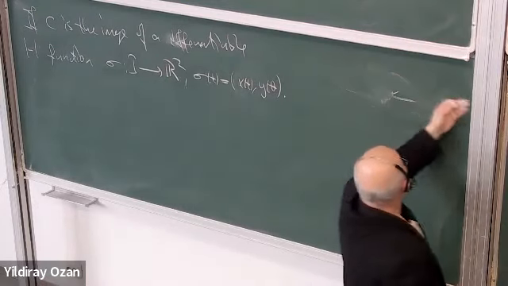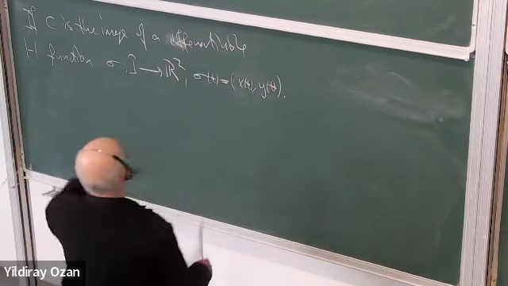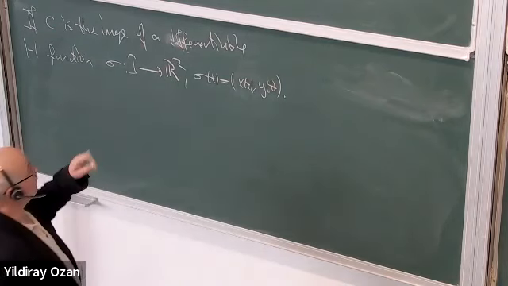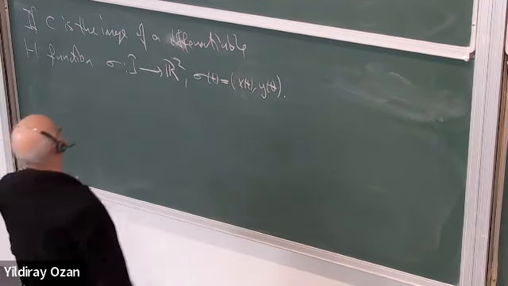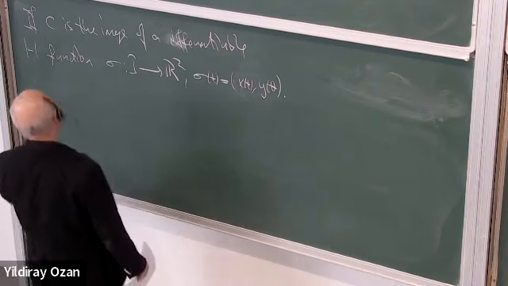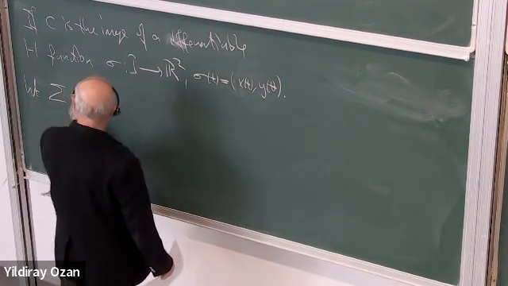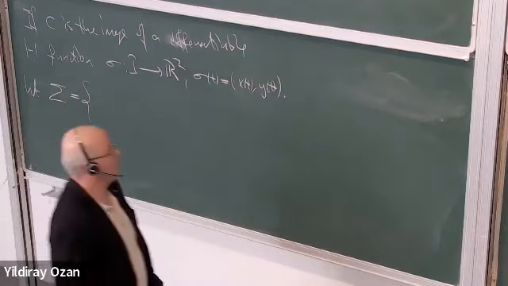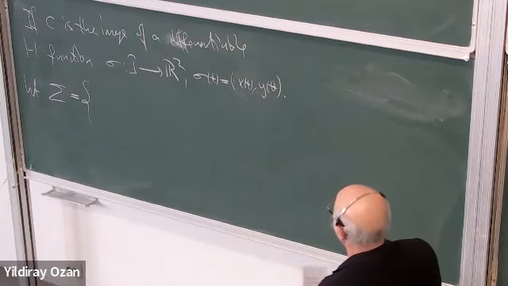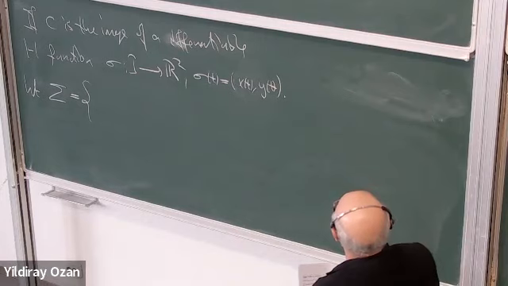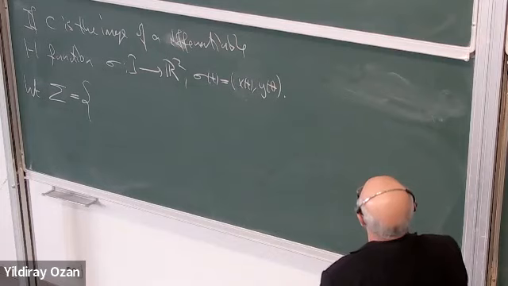Okay, now, what is the surface swept by this curve C? Let sigma be the surface swept by the curve C. How will it look?